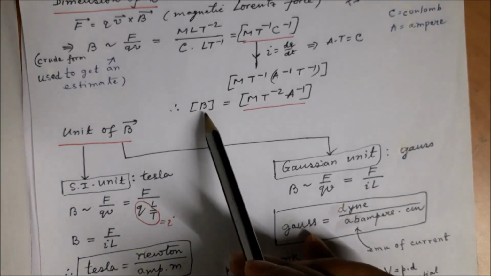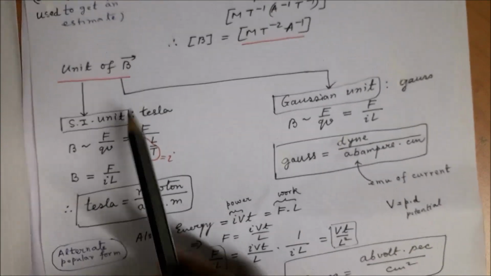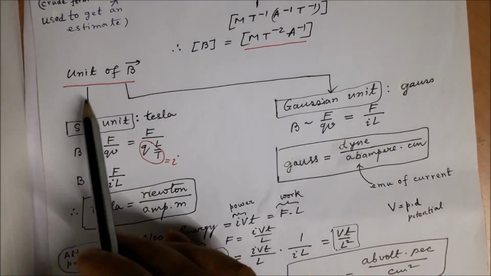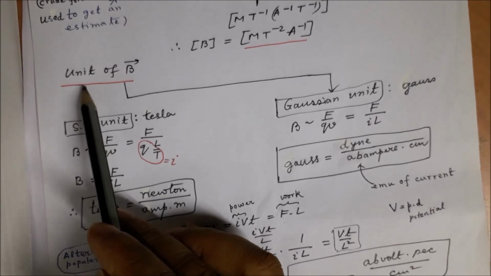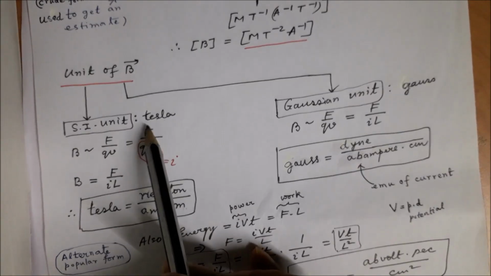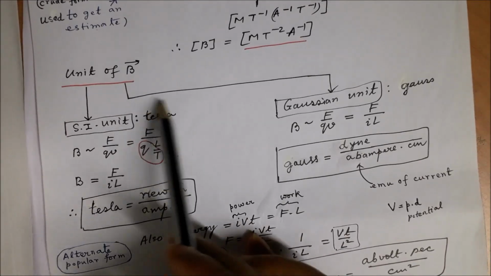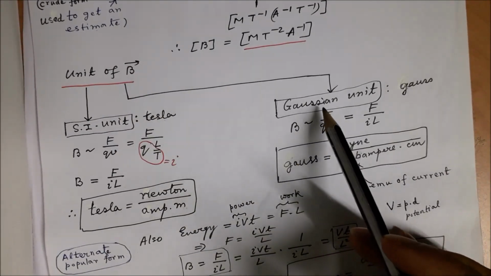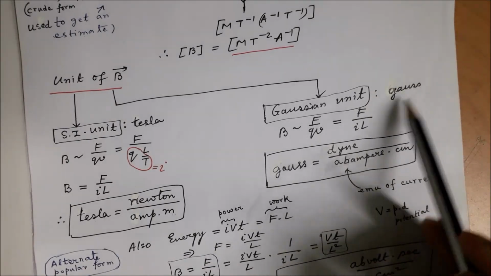So having got the dimension of B, let us move on to finding the unit of B. The unit of B in the SI system is defined as Tesla, and in the Gaussian system it is Gauss.